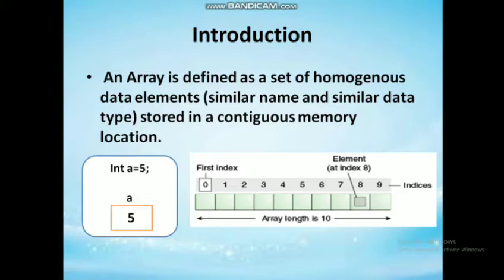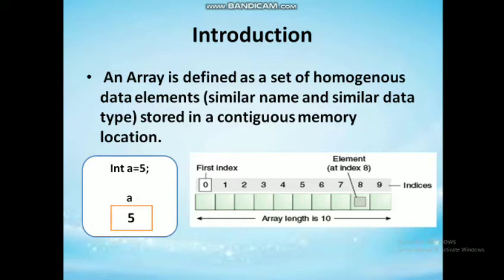It is continuously arranged and it will be numbered 0, 1, 2. These are called the index. So an array's index will always start with 0. So whenever there are 10 elements in an array, the first element's index will always be 0 and the last element's index will be 9.